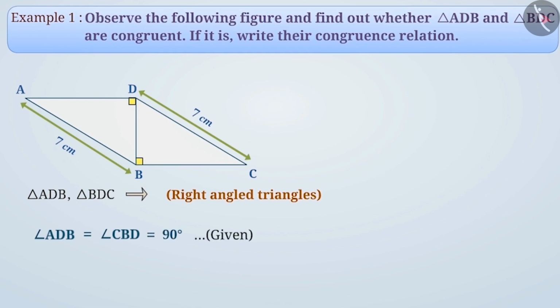At the same time, we have also been given that hypotenuse AB of triangle ADB and the hypotenuse CD of triangle BDC both measure 7 centimeters. That is, AB is equal to CD. Do you realize anything else by looking at the given figure? Give it a thought.